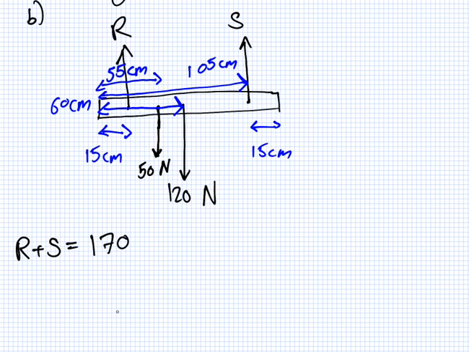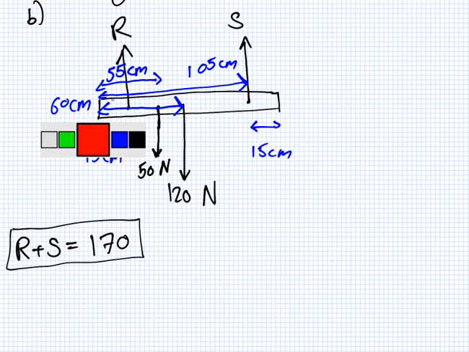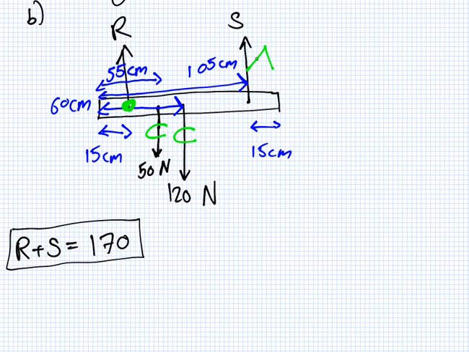And lastly, what's the distance to the S here? 105 centimeters, yeah. Okay, so we shall make our two equations now. You can say R plus S, what should that equal? 170.